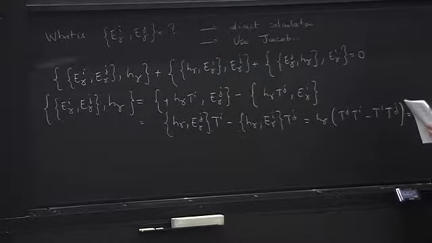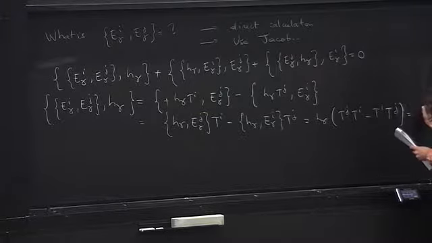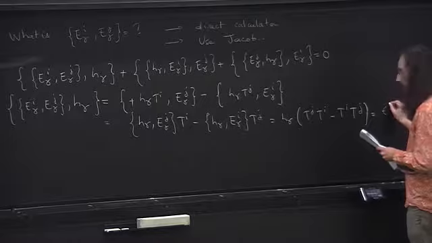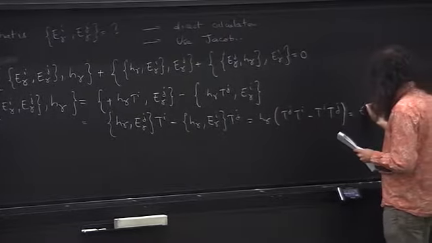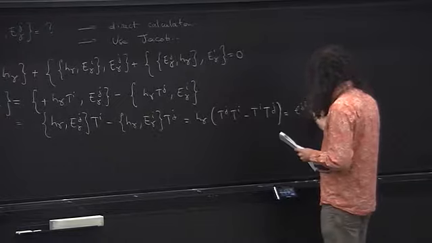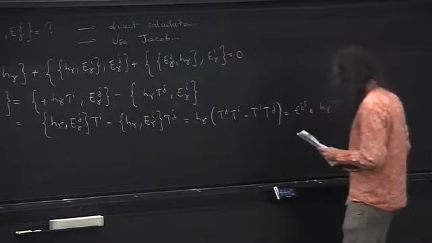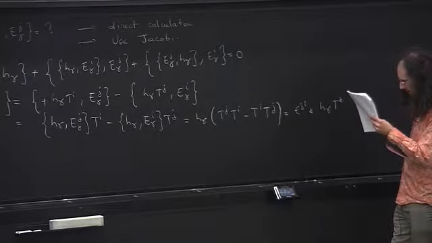And the commutator between the T's is epsilon_{jik} h_γ T_k, like that.